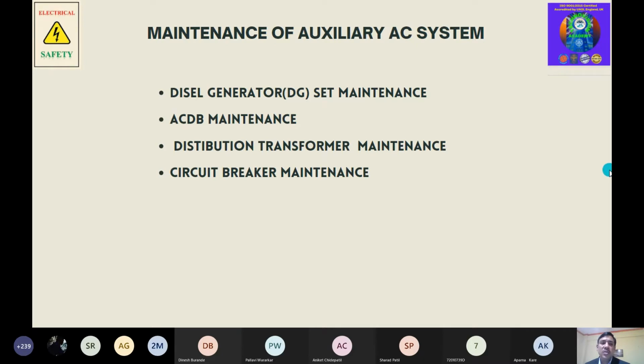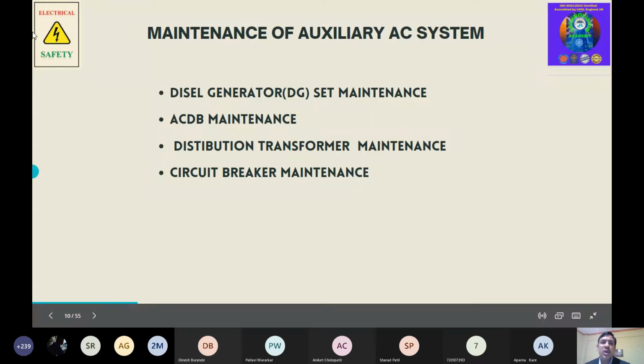So I always advise you to be very cautious whenever you work in any substation, whether it is generation, transmission, or distribution, anywhere. So we will look at how we do maintenance of the auxiliary system.